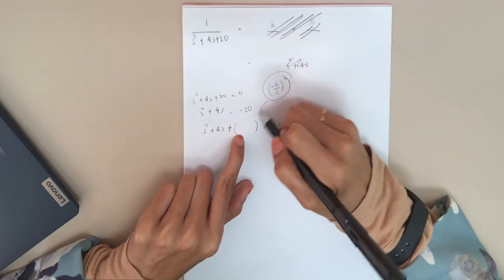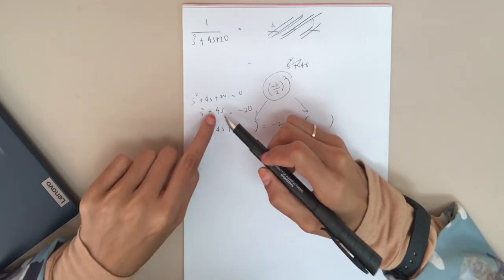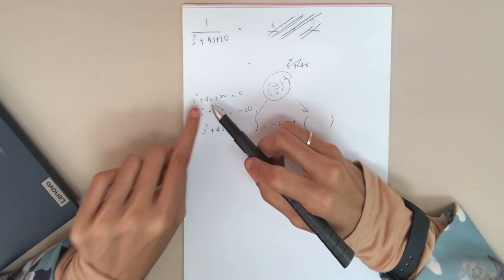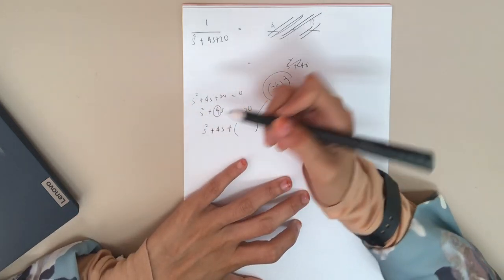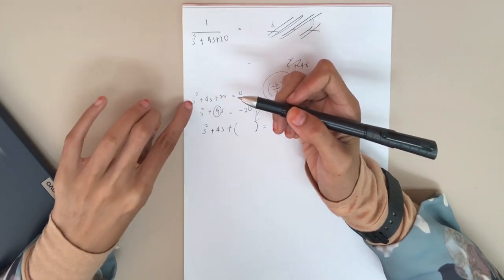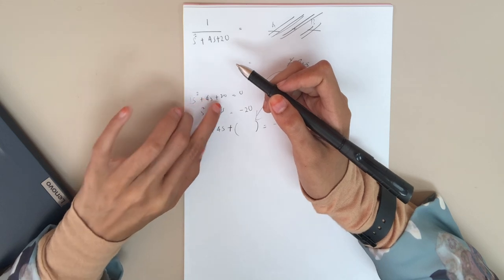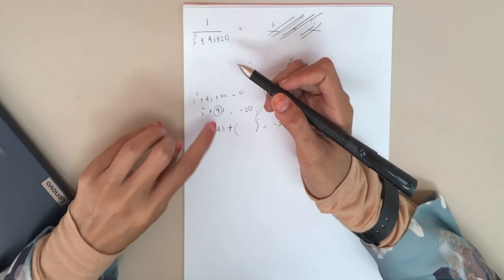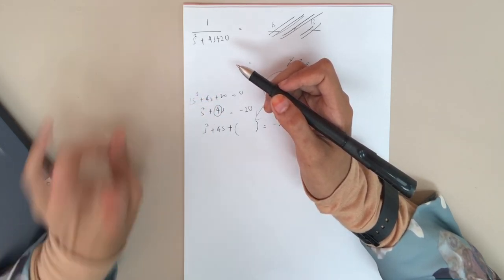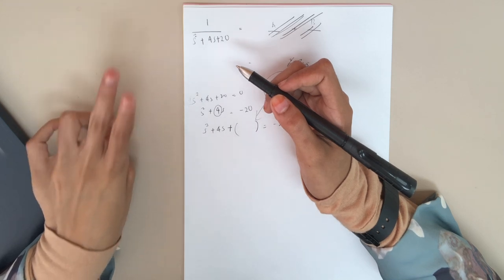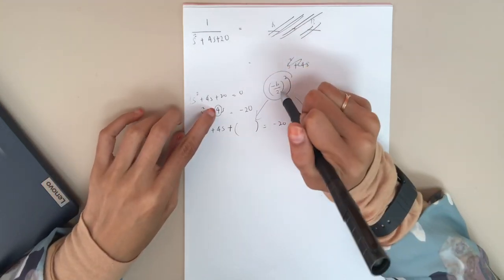What is your b? Your b is 4. Remember, the coefficient here is a, which is 1, b is the coefficient for s, and c is 20. So negative b is negative 2, and then divide by 2.